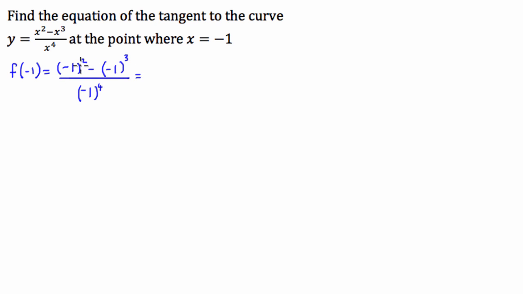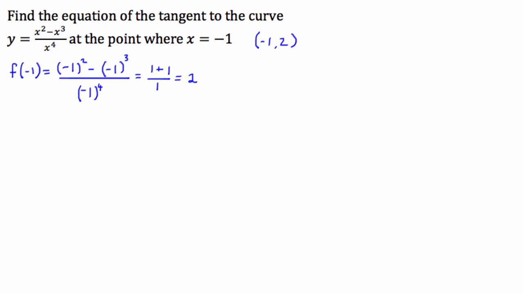Okay, so (-1) squared is +1, minus (-1) cubed is -1, so minus -1 is going to be +1, all divided by (-1) to the power of 4 is just +1. So this is equal to 2. So the point where x equals -1 is actually going to be the point (-1, 2). Now that's going to be important to us later on when we're solving this question.